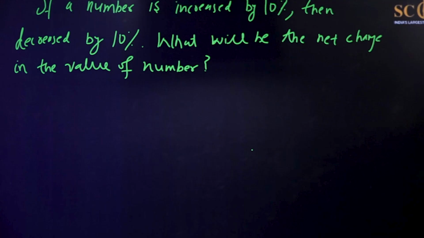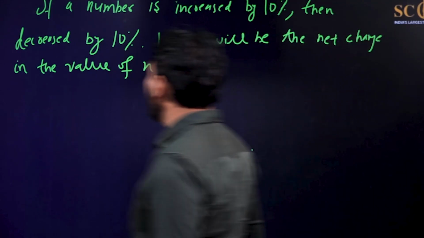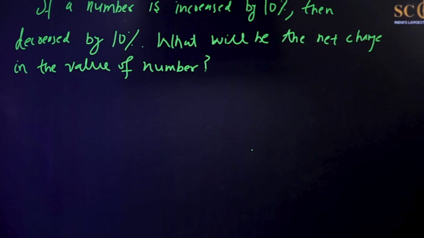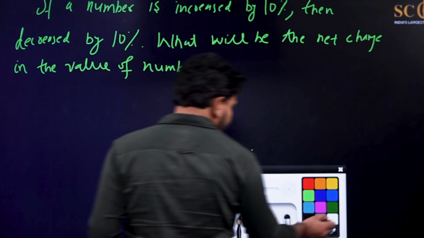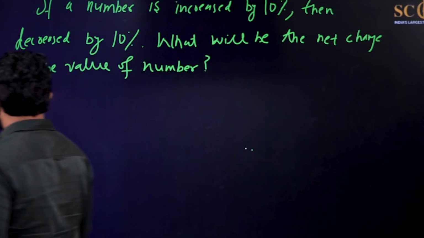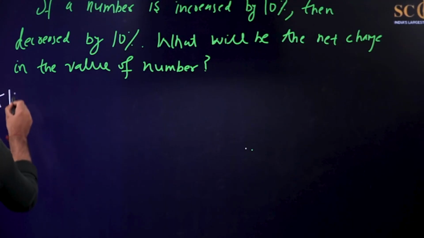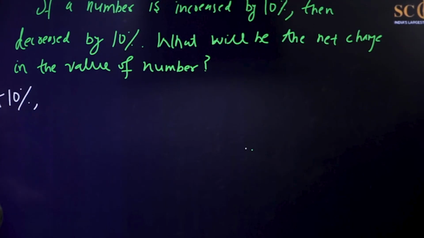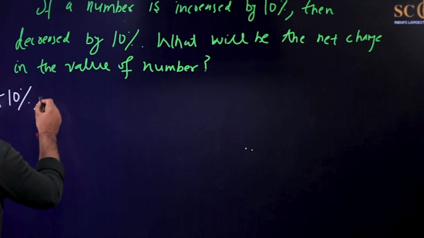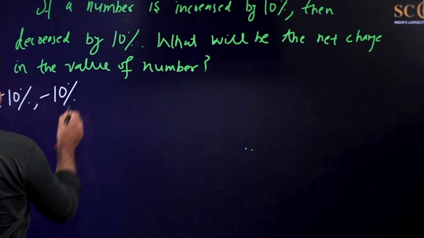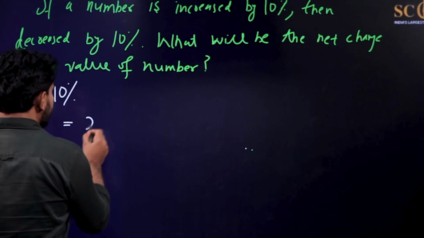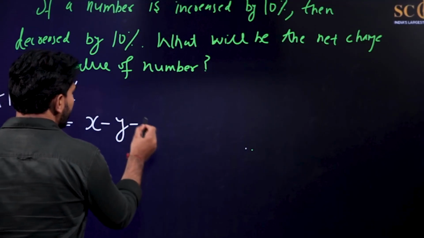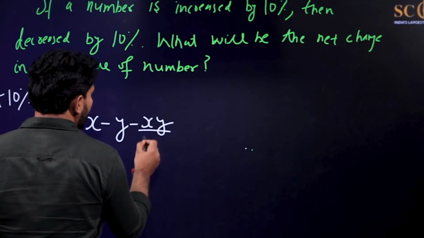Okay, friends, let us now see the answer to this question. In this question, the number is first increased by 10%, then it is decreased by 10%. For this kind of question we already know the formula: x minus y minus xy by 100.